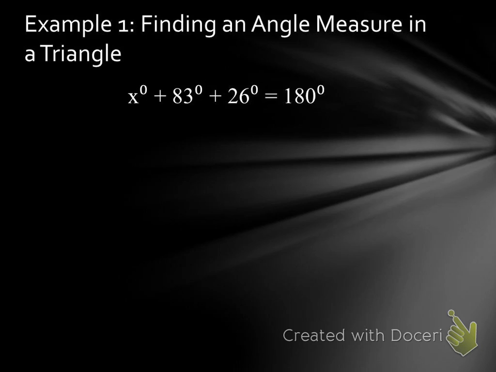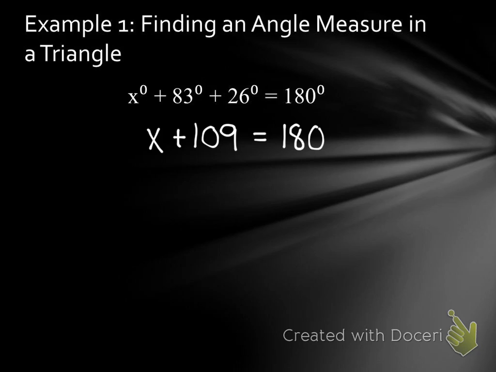All right, is there anything that we could simplify or combine on the left side of this equation? What can we simplify? 83 plus 26. And what is 83 plus 26? I want you to rewrite it now with your angle measure simplified. This is step 2.